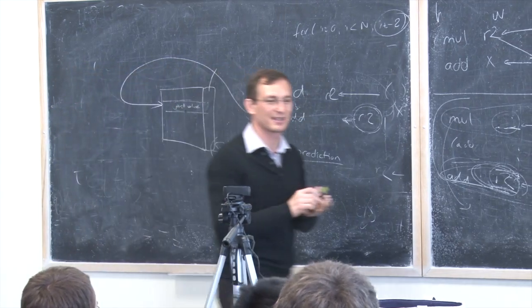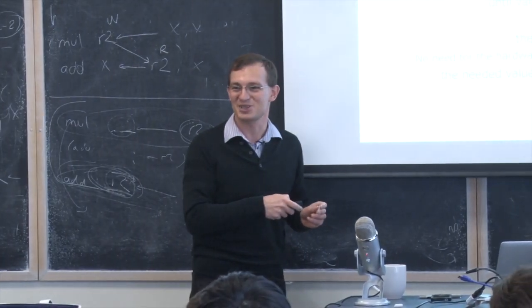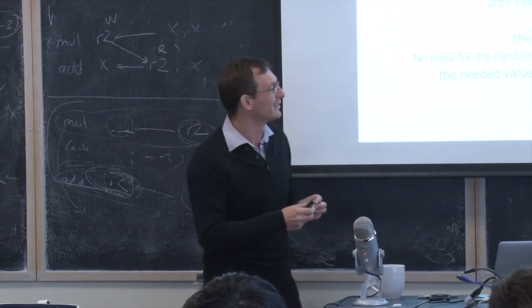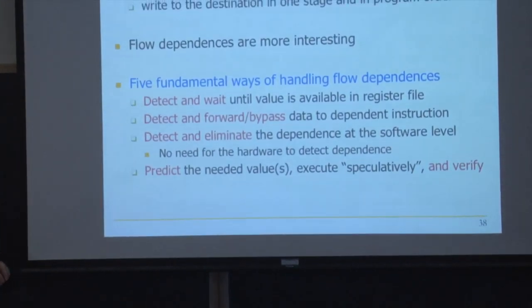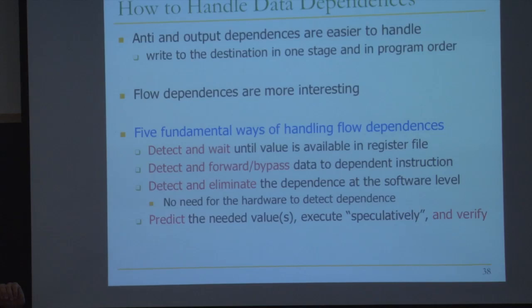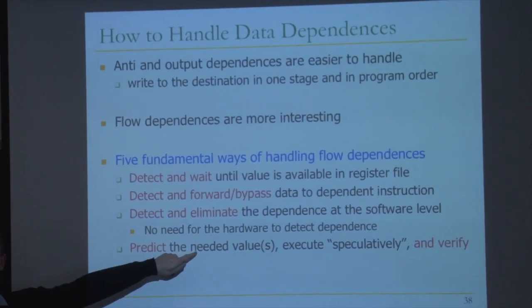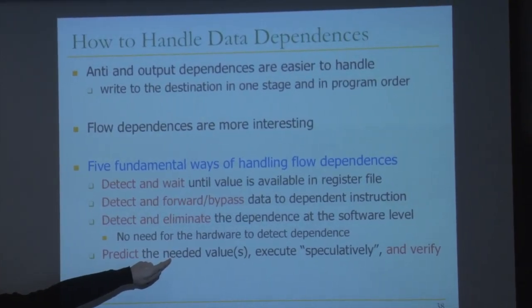But you need to do something, right? Something which is verify. You cannot just assume that it's correct. And that verify is important, and that actually makes the solution a little bit not so great, because now you need to wait for the result of the load to be able to verify. So it takes time.